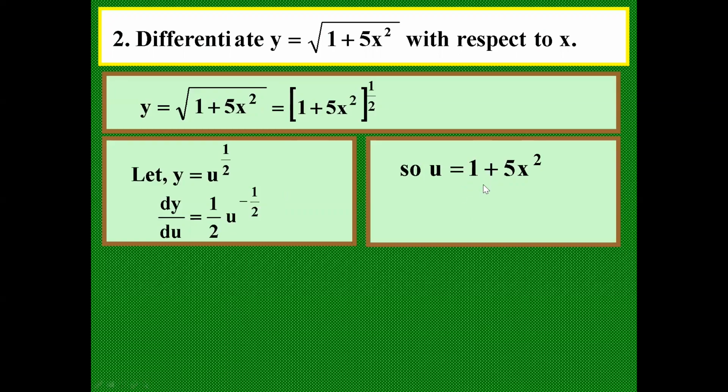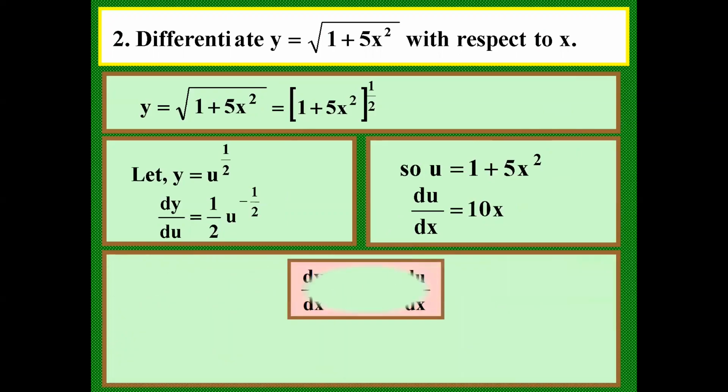Next is this side, you differentiate that, you will get 10x. Okay, so the index comes to the front, you will get 10, and then the x index minus 1, so you will get x.